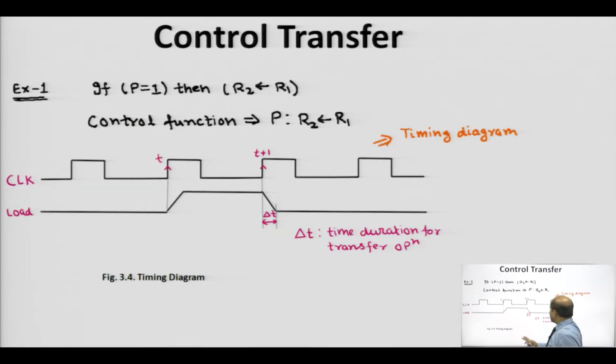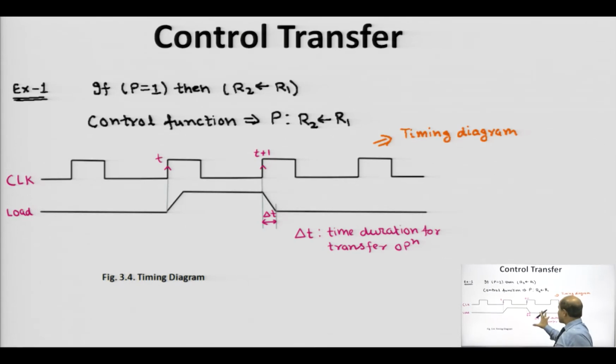Here the same operation is shown in a timing diagram. This clock pulse is given and when the condition is true, meaning when the control signal is true, the load command is issued. For example, here at time t equals t, this load signal is issued. You can see in the next clock cycle when it is going down, in a very small interval of time delta t, this transformation will take place.